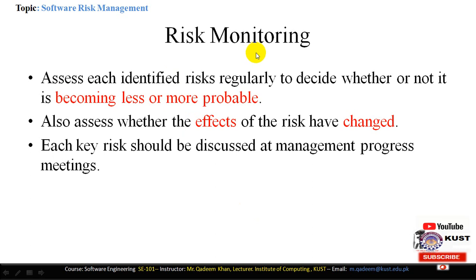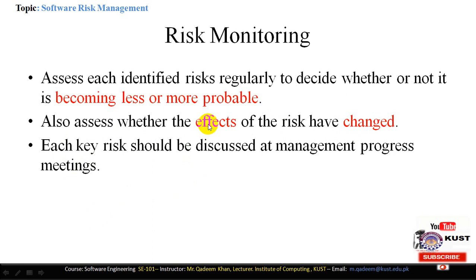Now, risk monitoring. Risk monitoring is a task where we have to monitor the risk constantly and regularly so that the risk may become less or more probable. The project manager has to monitor the risk regularly so that he becomes aware that current risks which are of low probability may become highly probable. Also assess whether the effects of the risk have changed.